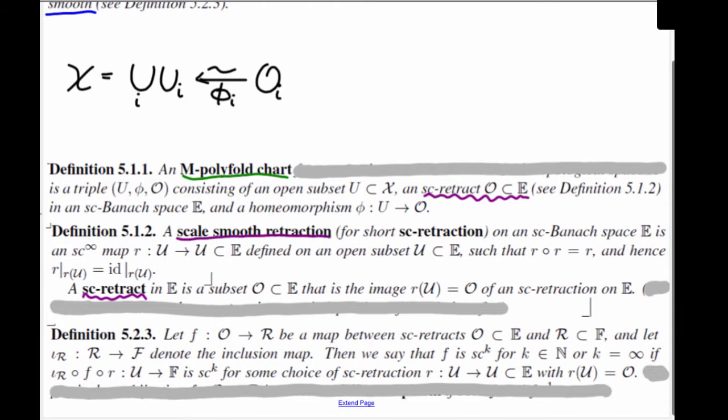Now, you should not think of this in terms of any kind of topological retraction. A retraction is simply a self-map on some open subset of my scale Banach space that squares to itself. So projections are a good example. Or a retraction that keeps the one ball fixed and retracts everything else into the one ball.